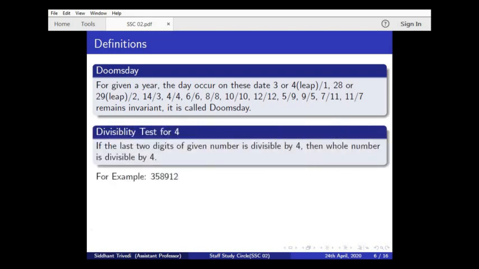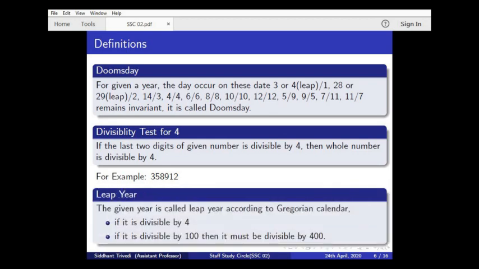The next definition is the divisibility test for 4. If the last two digits of a given number are divisible by 4, then the whole number is divisible by 4. For example, 358912. Here the last two digits are 12, therefore it is divisible by 4, so the whole number is divisible by 4.